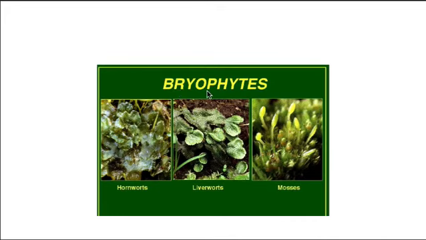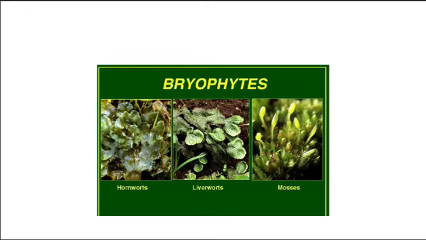So we don't have only mosses; we have these other groups of bryophytes called liverworts and hornworts. But from the botany point of view, we cannot just call them by these common names. We also have their scientific names, which I will show you in the other slides.